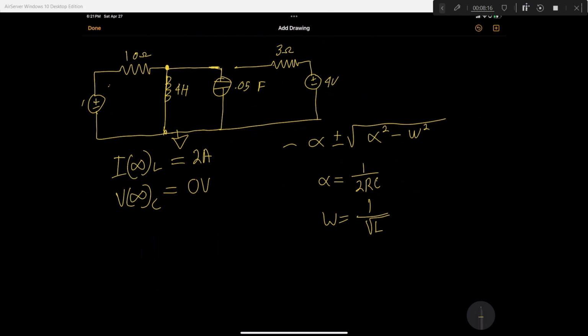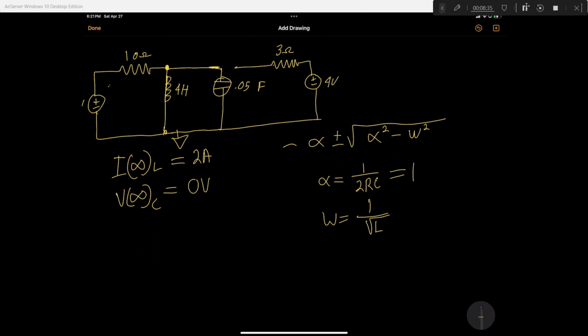Alright, so for alpha, 1 over 2RC, 2 times resistance times capacitance, we get 1, which sounds about right.